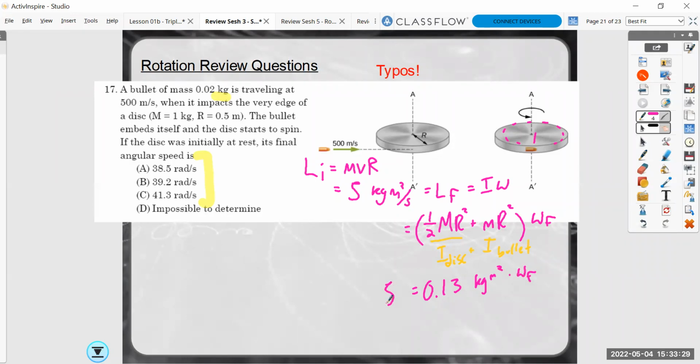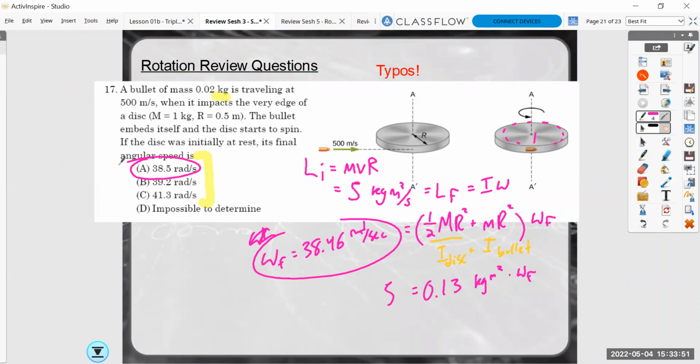So I'm going to do 5 divided by that. And I get an omega final of about 38.46 radians per second, which is where I'm at right here, 38.5.